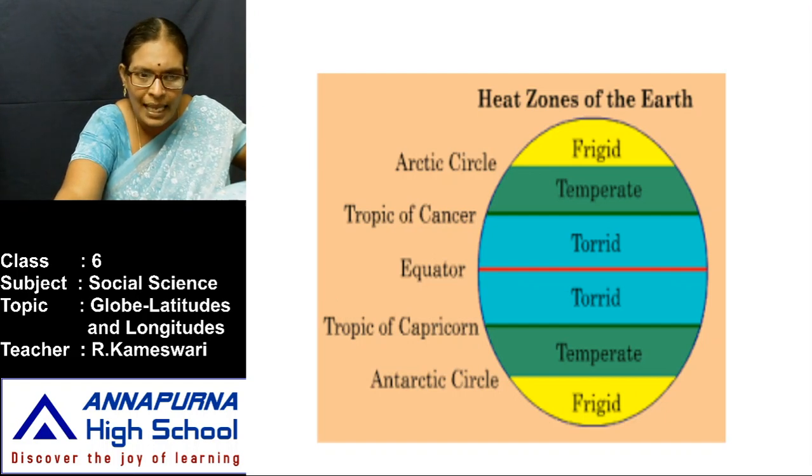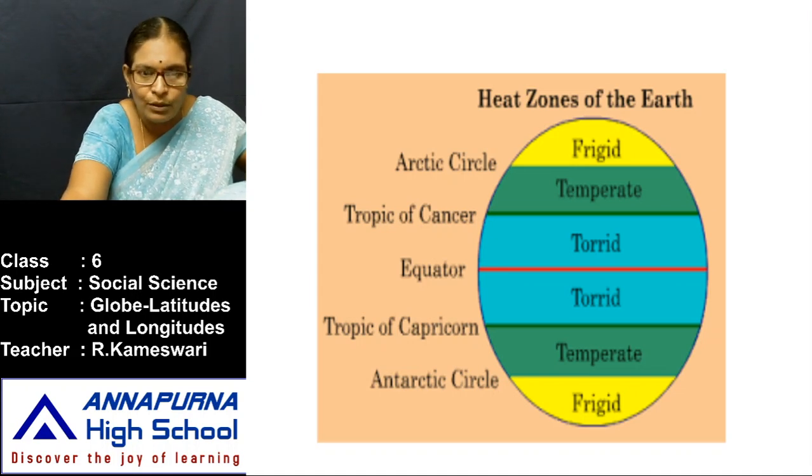Frigid zone lies between the Arctic Circle and North Pole in the northern hemisphere, and Antarctic Circle and South Pole in the southern hemisphere. How is the climate of these three heat zones? Here the climate is too hot. In the temperate zone, the climate is mild, neither too hot nor too cold. Frigid zone is too cool.